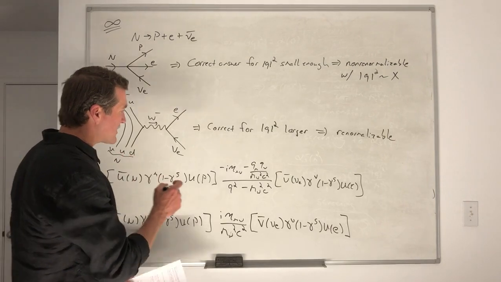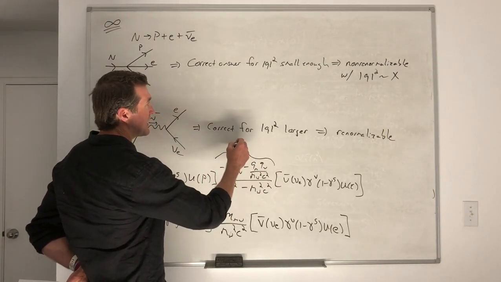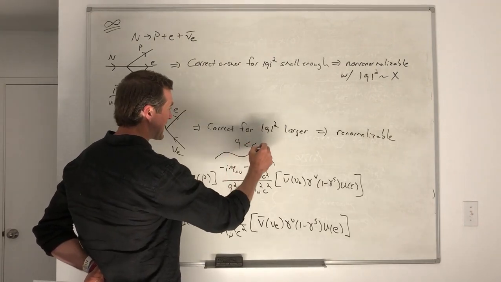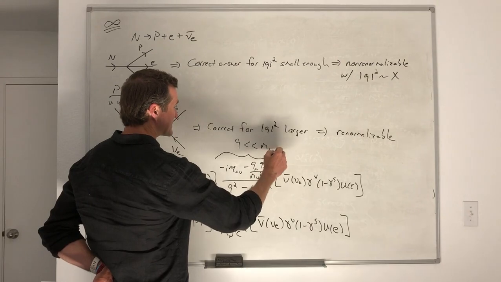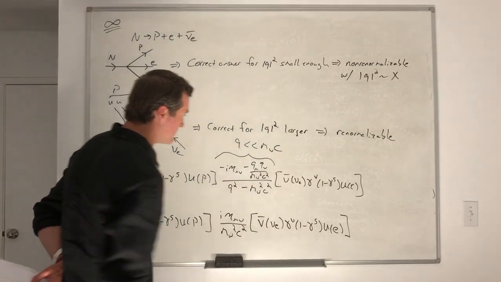Well, let me ask you a question. What does this become as long as Q is much less than the mass of this massive particle times c?